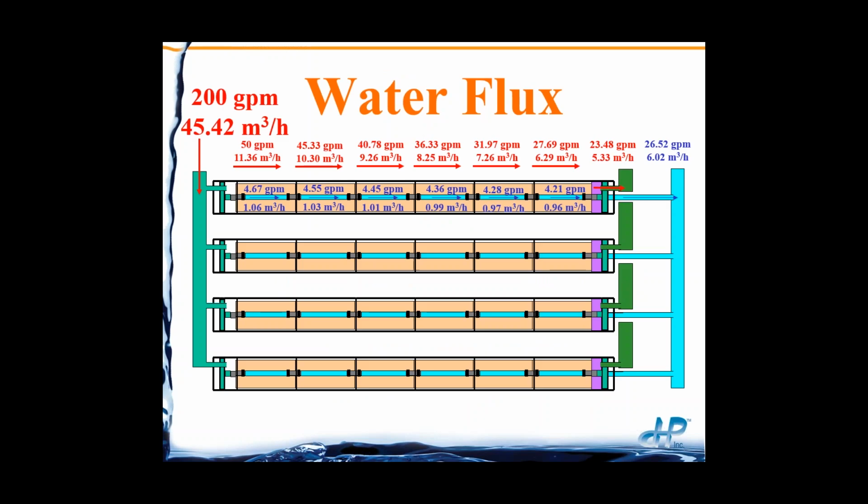So here's just an illustration of a 4-pressure vessel stage of an RO unit. And we see here that each RO membrane element, here's American units, here's metric units, each element in series makes less permeate. Because it makes less permeate, that means that the GFD is lower.